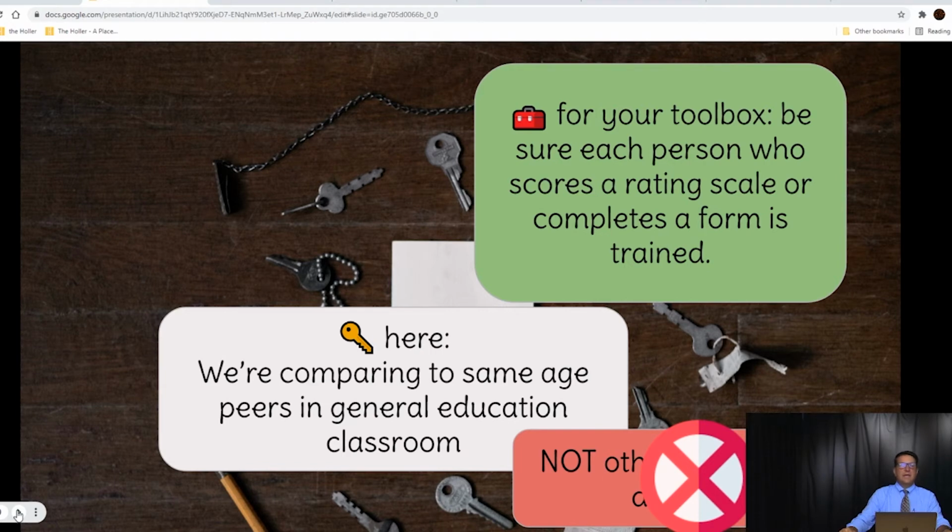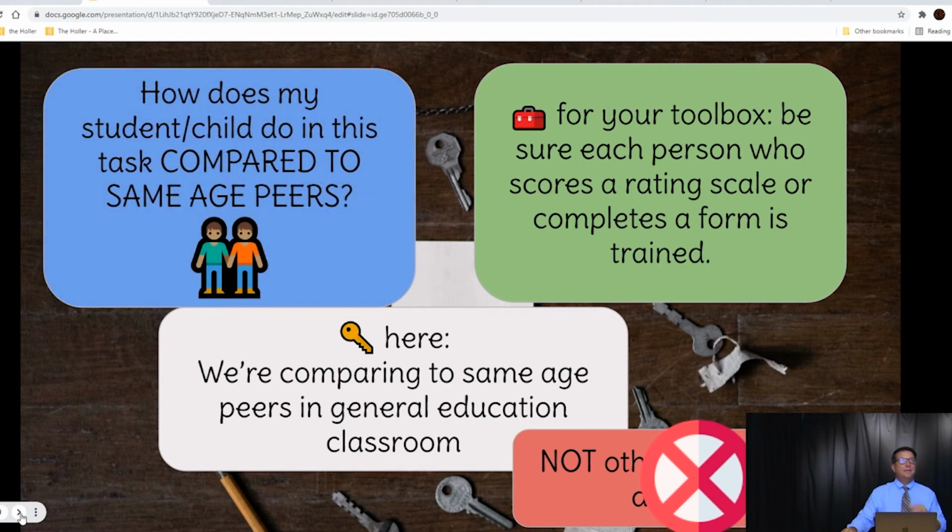Here's a note that says, make sure that when you're using rating scales, the person performing those rating scales is completely trained on the particular use of that, and knows how that is going to work. So that is certainly something you would need to pay close attention to, that the people doing your rating scales are trained to do so, and that you're comparing these students to their same age peers and their performance in the general curriculum in the general education classroom.